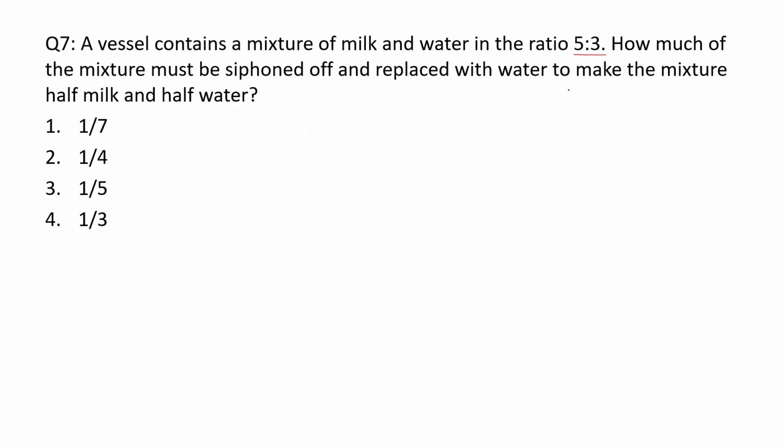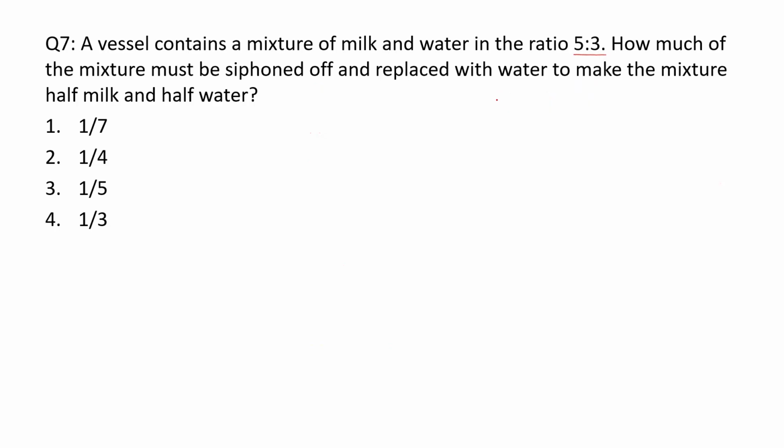Third part of the mixture is water. So, it is less diluted. But somebody wants to replace the mixture with water. So you remove mixture and replace that part with water, so that the resulting mixture will have 50% milk, 50% water. So diluted version you want at the end.